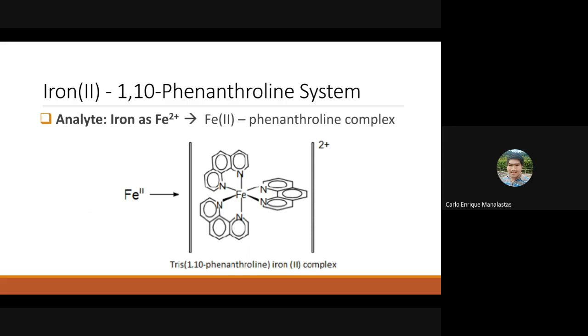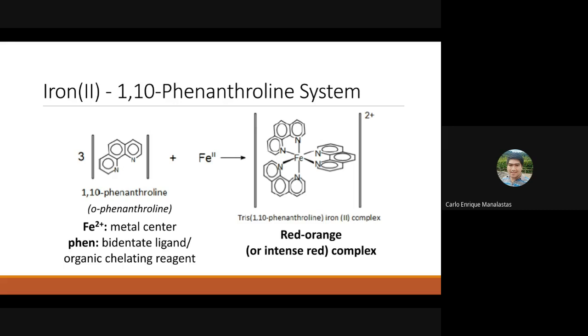And if you have a sample solution containing an unknown amount of iron in the form of iron(II), you can determine the concentration. So iron(II) reacts with 3 moles of 1,10-phenanthroline, also called orthophenanthroline, to form your complex.